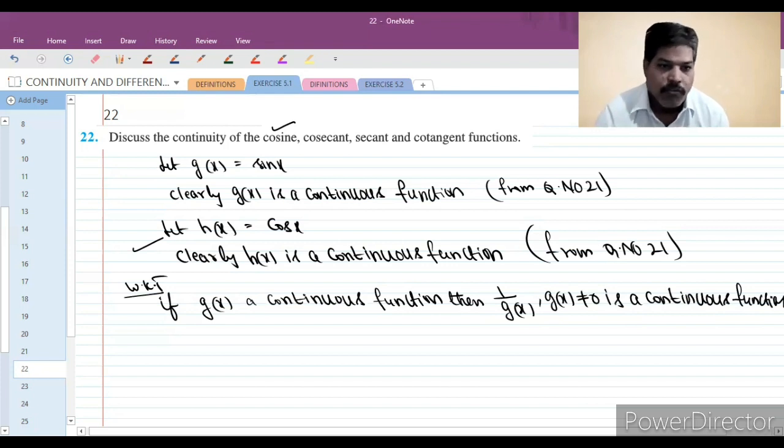So already we know that g of x is a continuous function. Automatically 1 by g of x, comma, g of x not equal to 0, is a continuous function.